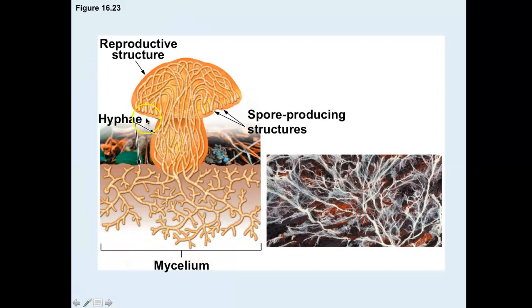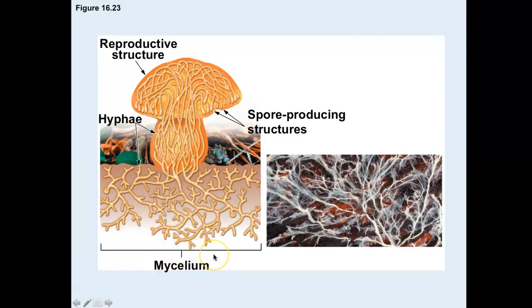And then the mushroom itself is actually the reproductive structure. So this grows above ground so that you can see it can make spores and it can disperse those spores in the wind to the outside. But the everyday digesting away of a substrate, right, or the dead matter is going to be due to the mycelium.